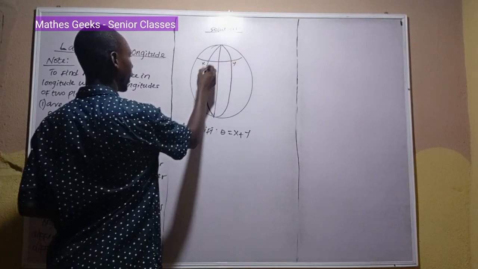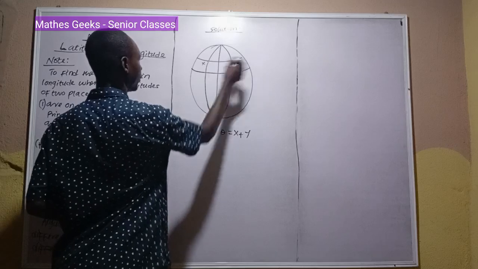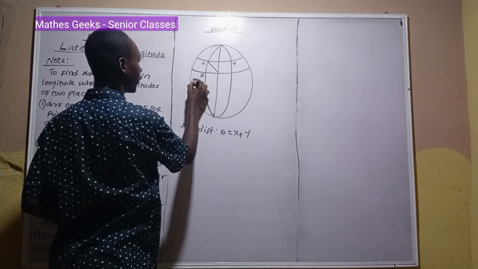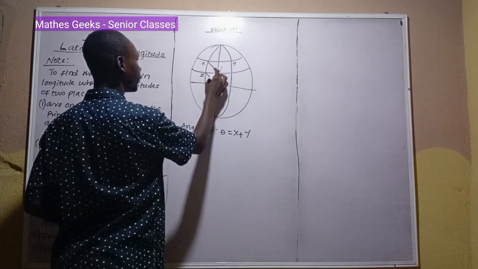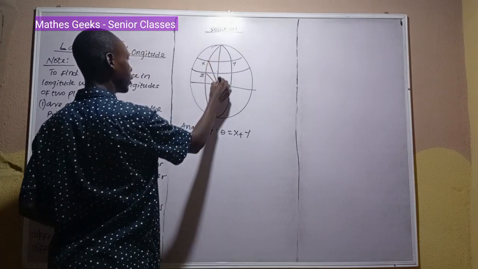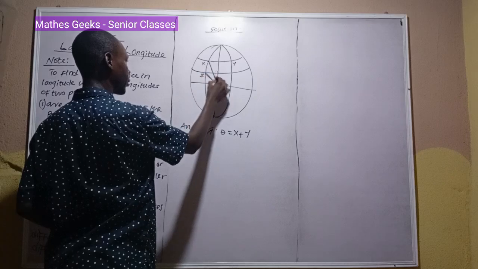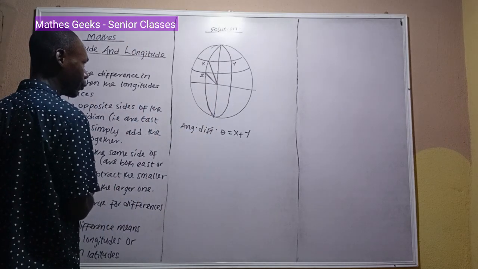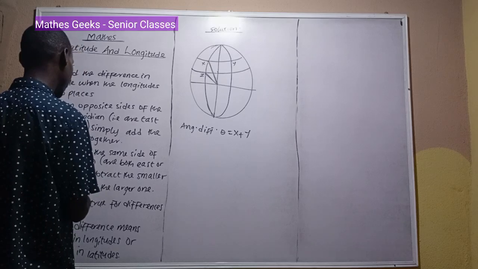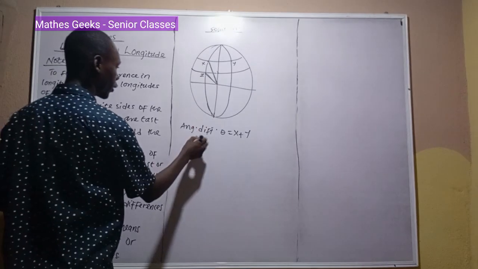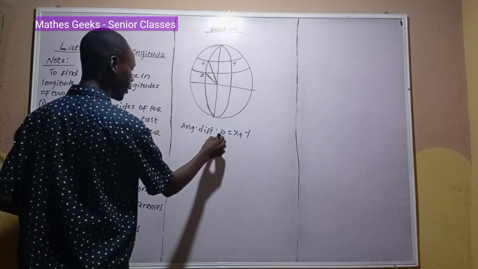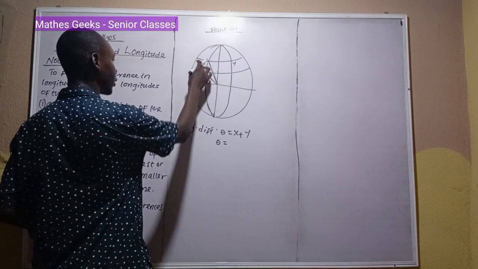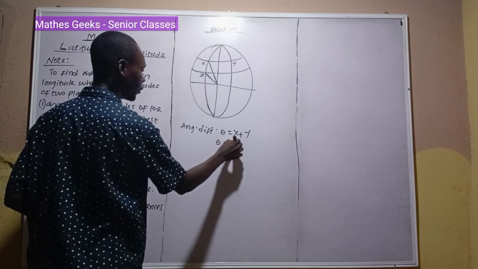So assuming we have point C, another line of longitude here, and let's say this is the equator, this comes here, and this is point X. Because they are on the same side of the meridian, both X and Z are on the west of the globe, you are going to subtract. So the angular difference theta is equal to the larger one, we subtract the smaller longitude from the larger longitude, which is X minus Z.